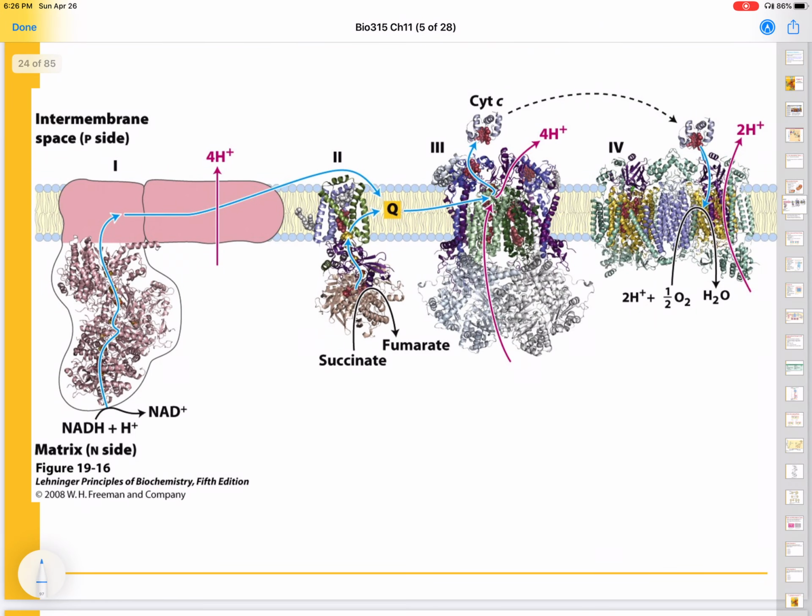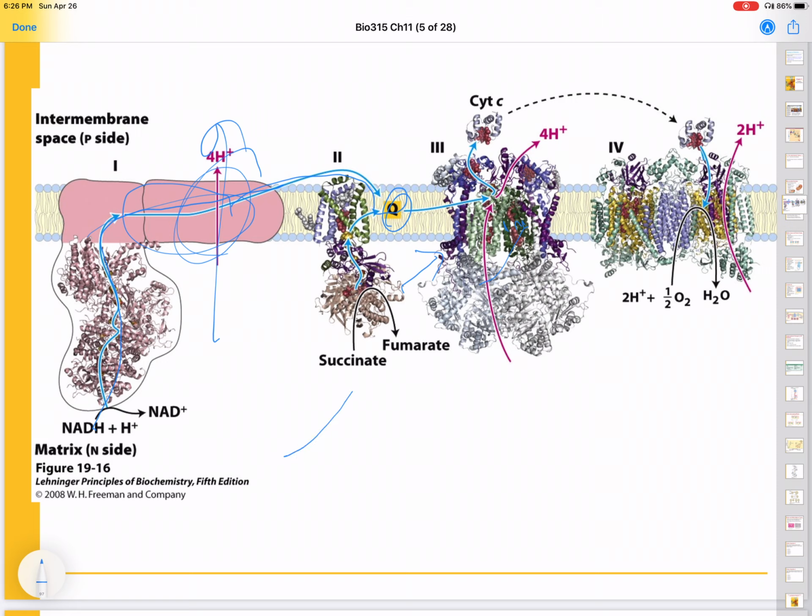And this is a look at the actual structures here. We don't have the crystal structure solved for complex 1 yet, but we think we know what's going on here. Actually, we don't know how these protons are pumped, but we think it looks like complex 3. And so here you see again, electrons go through, protons are pumped, they flow to ubiquinone.